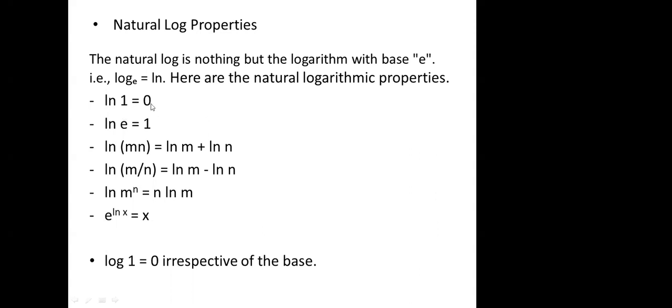So we have ln of 1 equals 0, ln of e equals 1. When it's multiplication, we sum the first one plus the second one. When it's division, we have the minus sign. And when we have a power, the same rules apply for the natural logarithm as well. And we need to know the logarithm of 1 equals 0, it doesn't matter what the base is.